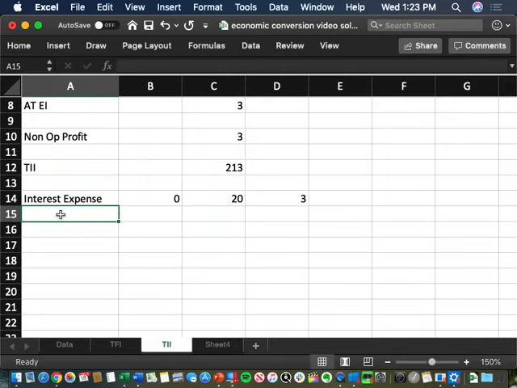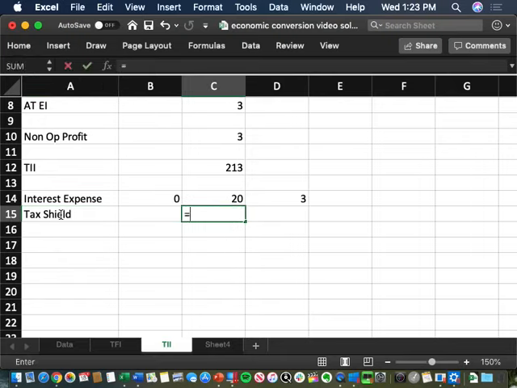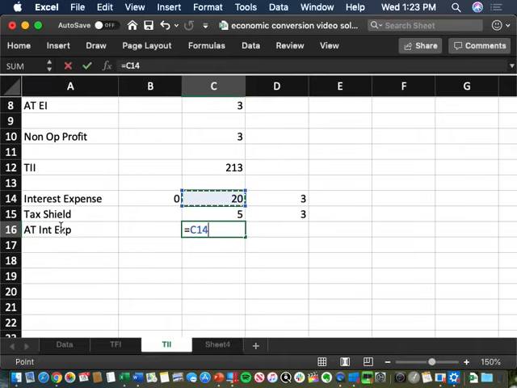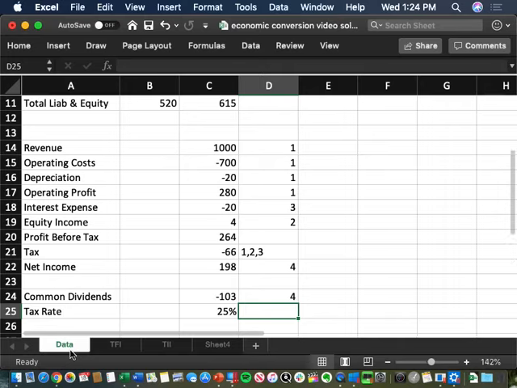However, I would get a tax shield because I could deduct the 20 against my taxes and save 25% of that, or $5 million, so that my after-tax interest expense is 15. So the net payment is 20. I get a 5 refund from the government, and I net paid 15 to my debt holders. By the way, how much tax did I pay when we started?